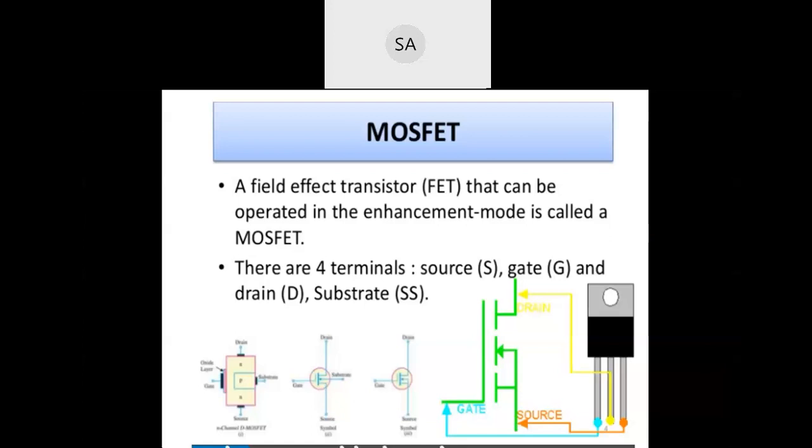So MOSFET is an important semiconductor device and is widely used in many circuit applications. The input impedance of the MOSFET is much more than that of the FET. Compared to the JFET, the input impedance of the MOSFET is very high. Why? Because it has a very small leakage current.